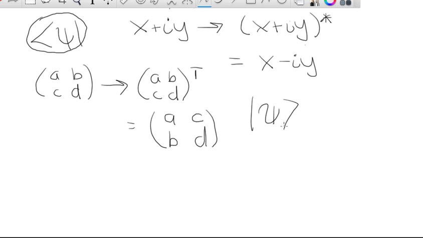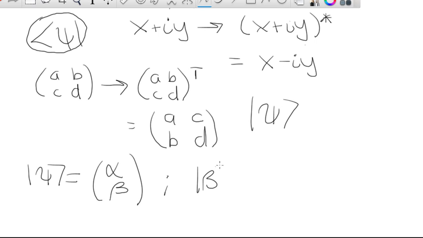Okay? So what that means is we had before psi is equal to the column vector alpha, beta.